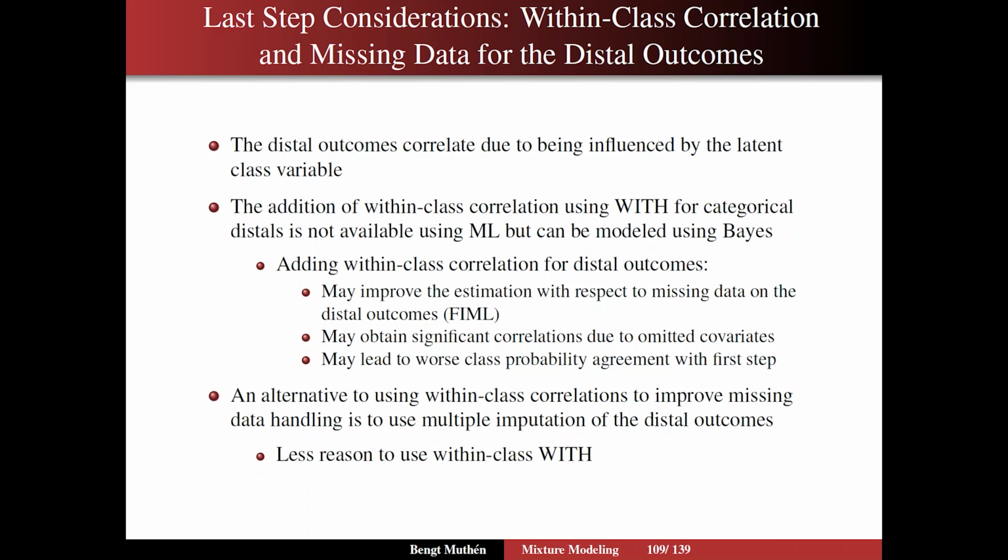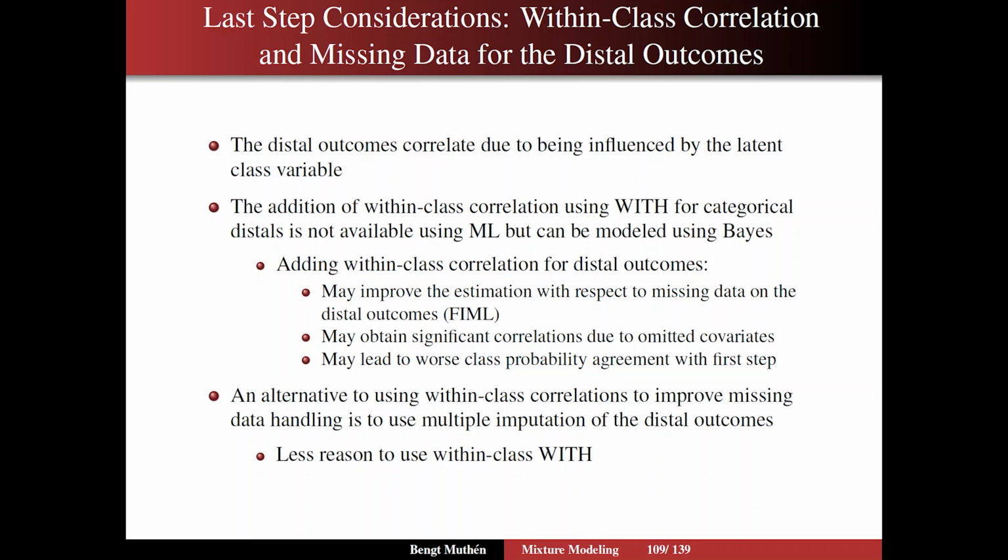That's because with the WITH statement, you can borrow information from one distal outcome to the other more directly. Now you may obtain significant within-class correlations, but, and this is a warning, it may be due to omitted covariates influencing the two or more distal outcomes.